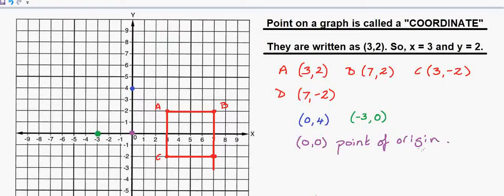Okay, so I only show you this purely because if it comes up you will understand what it means, which is that it's where the x and the y-axis cross. Okay, so 0, 0 is the point of origin.